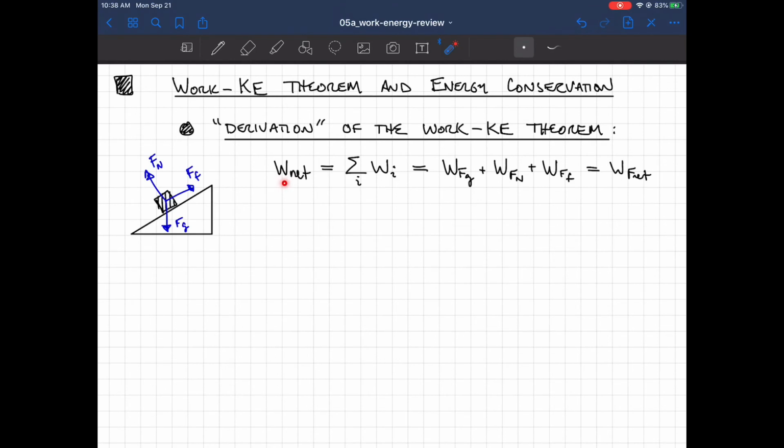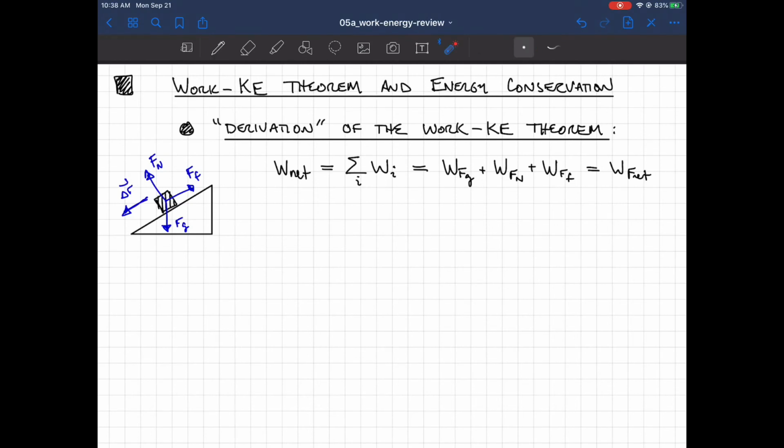And we can talk about something called the net work as being simply the sum of the works due to each of those forces. Like in this particular example, the work done by the gravitational force plus the work done by the normal plus the work done by the force of friction over some path. So maybe it's going to move from here to here over delta r.